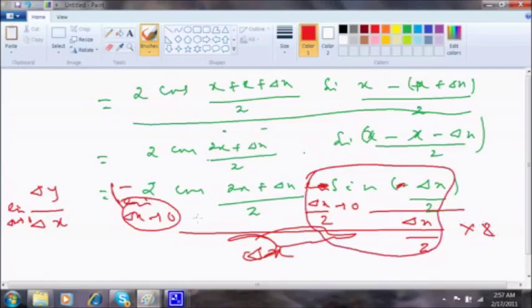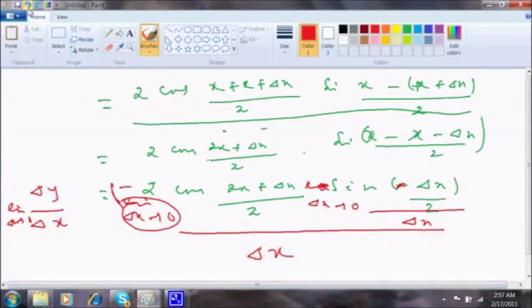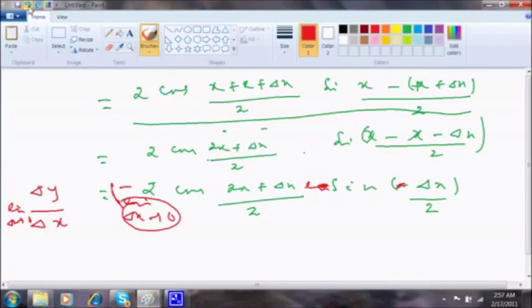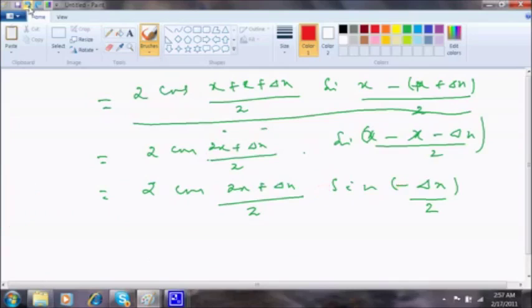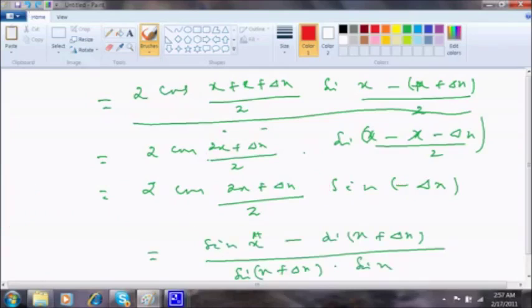So this 2 and this 2 are gone, and what I had in the denominator was sine of x plus delta x into sine x.